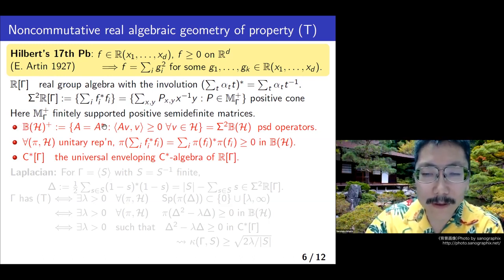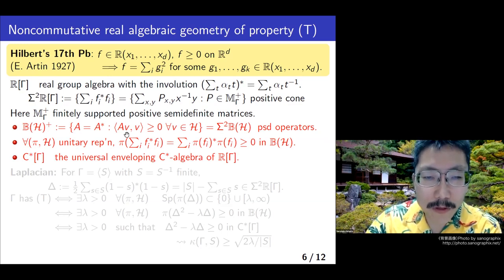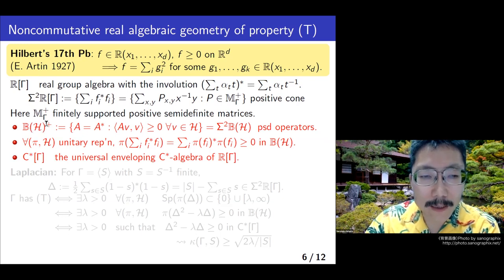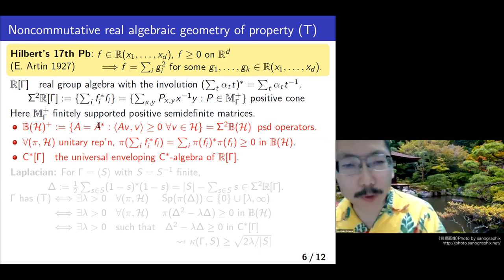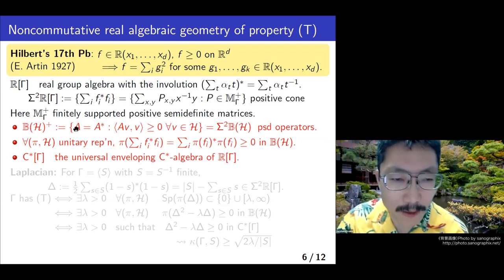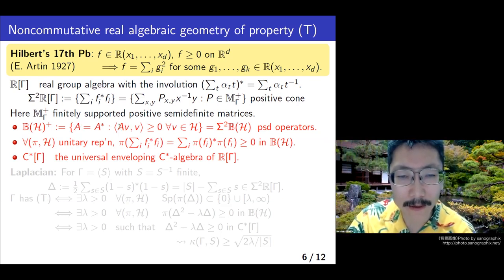First of all, if you don't know, an orthogonal representation is on a Hilbert space H, and acts as a bounded linear operator on H, and its positive part is a positive Hermitian operator, which means that A is Hermitian and <Av,v> is non-negative for any vector v.